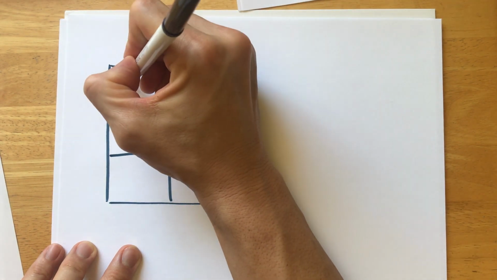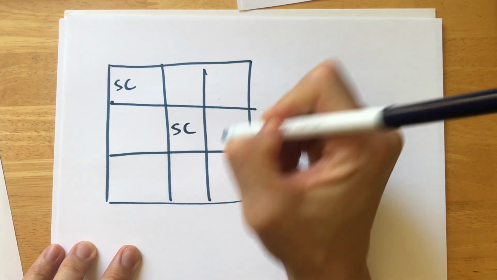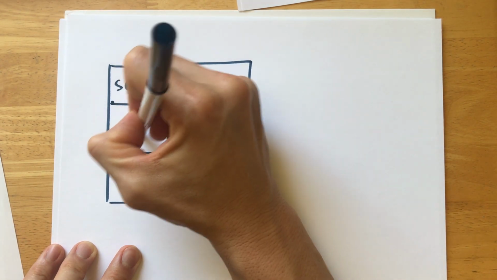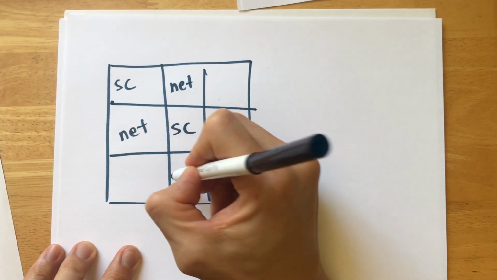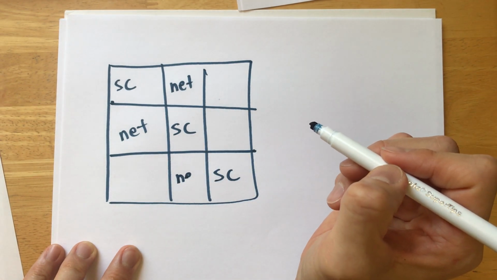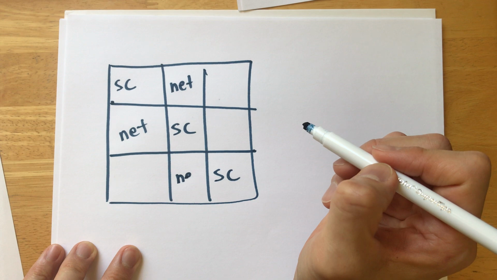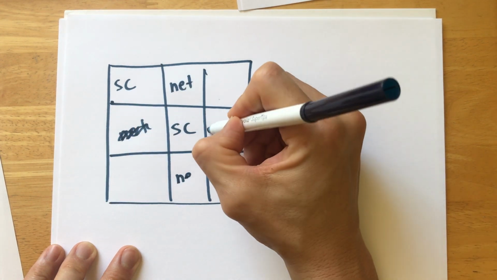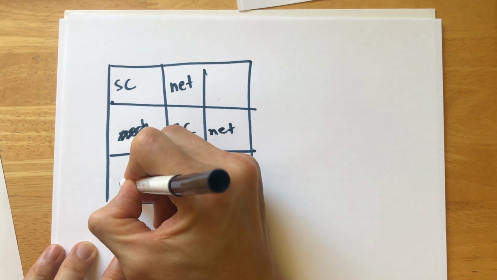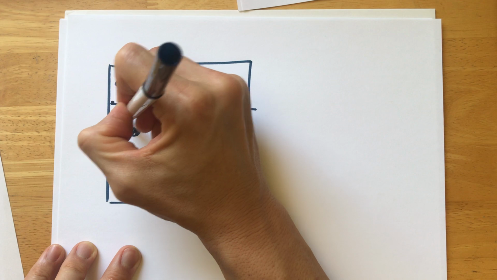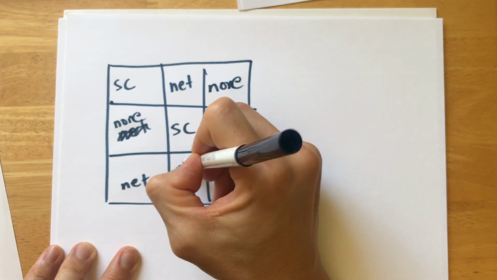Here you could put the scarecrow, and the scarecrow here, and the scarecrow here, and then you could do the net here, and the net here, oh wait, I messed that up. Net here, and the net here, and then you could do none here, none here, and none here.